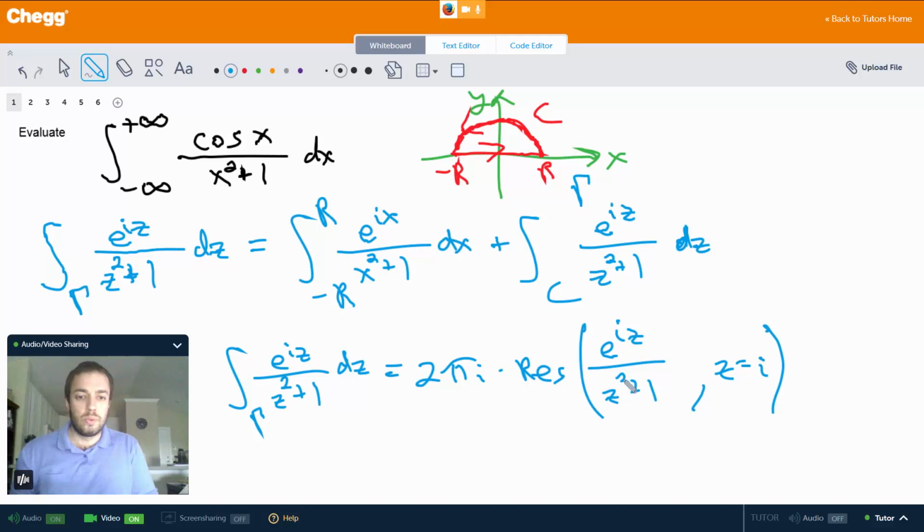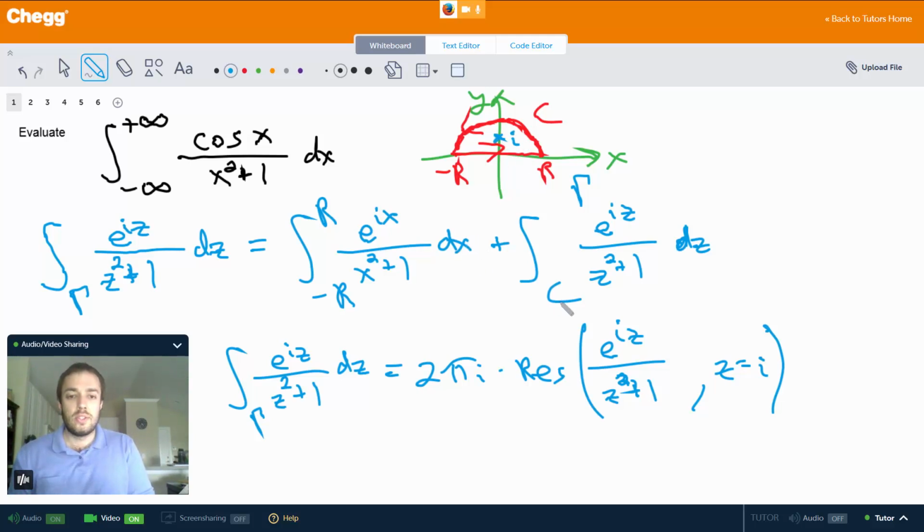This function has two poles, one at i and another at minus i. But positive i is the only one inside the curve once R gets big enough, which will happen because eventually we take the limit as R goes to infinity.